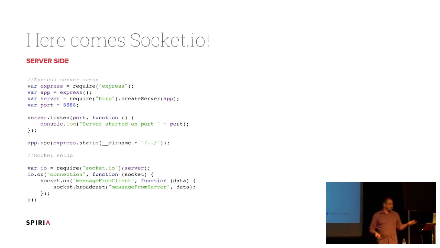Once that is done, I listen for a new connection, and then I set all my listeners. So I have socket on message from client, and I call socket.broadcast, so to all the clients that are connected, I send back the message. And that's the server side for a chat client. A message comes into the server, and it broadcasts to all the clients connected.